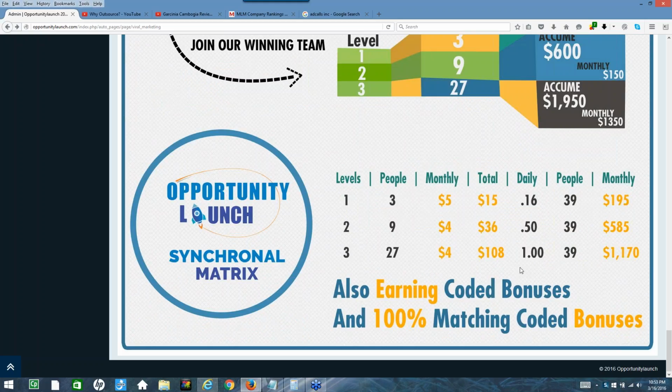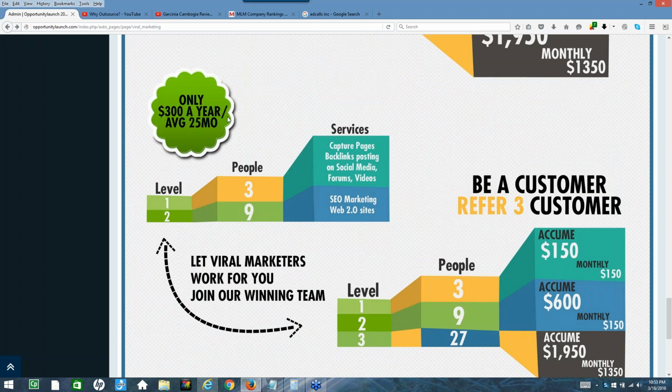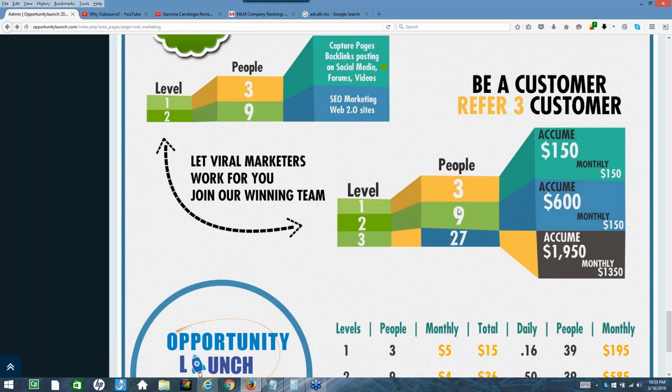So the power of this compensation plan is definitely going to surprise a lot of people with such a valuable service of having their marketing done for them. $300 one time, two compensation plans, 39 people bringing you $4,000 a month while marketing your business.